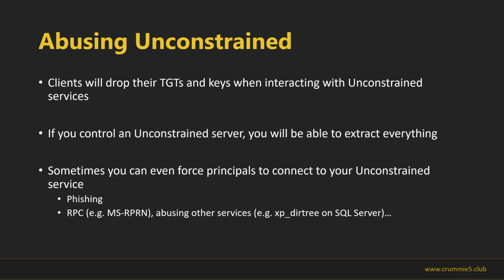Okay, so you should know that the common ways of abusing this are two. So you can just wait for clients to connect to the service and dump their TGTs, or you can try to force hopefully privileged principals to connect to the service, either by phishing someone and making him connect to the service, or by using things like RPC calls or functions offered by other services.